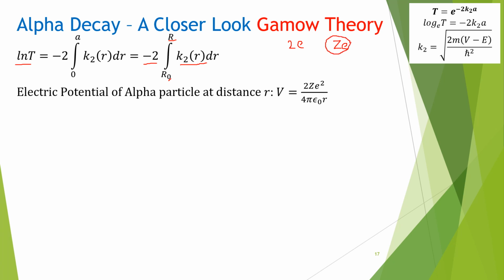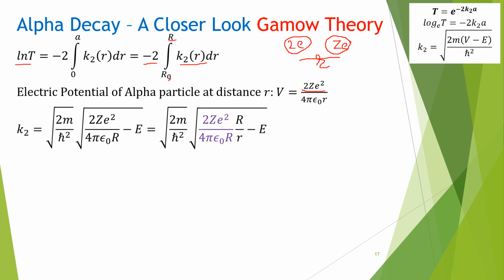So the electric potential of these two entities will be V equal to 2Ze square upon 4 pi epsilon 0 r, where small r is the distance between the two, and here we are substituting this value of V.